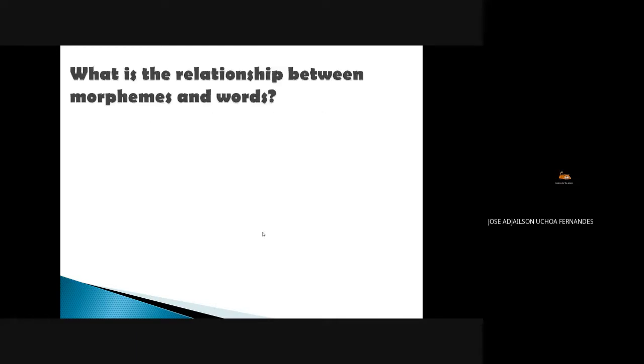So what is the relationship between morphemes and words? Maybe we don't know what morphemes are, but we know what morphemes are not. In linguistics, every unit is what all the other units are not.